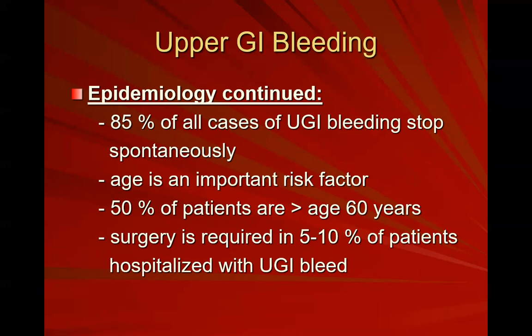Usually the management would be medical with PPIs, sometimes even octreotide, especially for varices. And if medical therapy has failed and the bleeding did not stop spontaneously, then usually the management would involve endoscopic therapy.